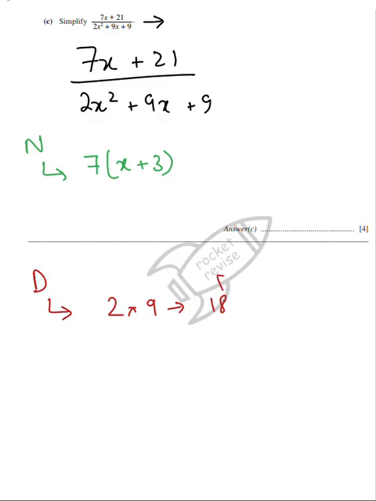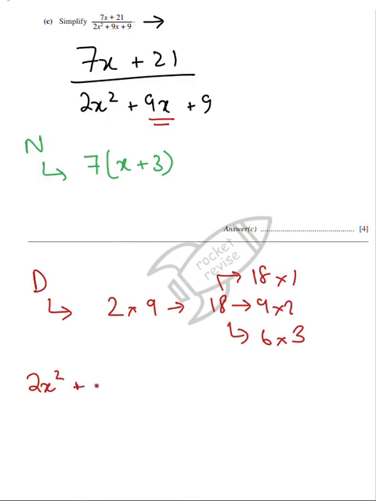Find the factors of 18. 18 times 1, 9 times 2, 6 times 3. Out of all of these factors, I need a group of factors which add or subtract to give me positive 9x. Can it be 6 and 3?